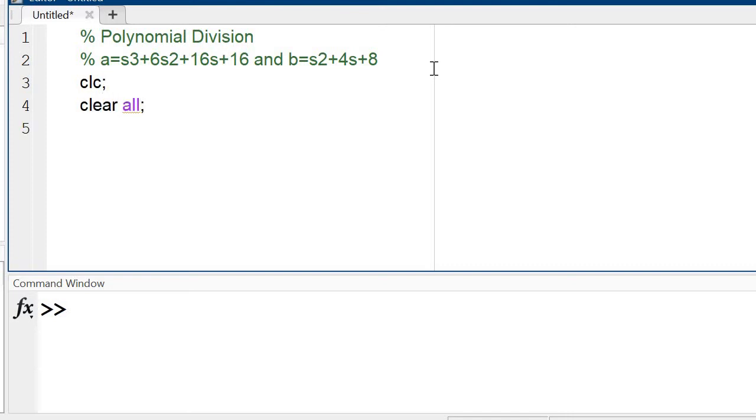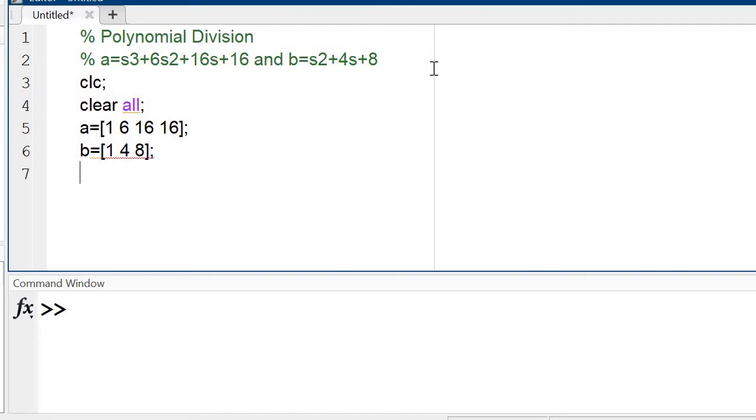Now start with the first polynomial function. A is equal to bracket, coefficient of this s cube is 1, then after that 6 space 16 space 16 and close this bracket with a semicolon. B is equal to bracket. Now in this s square 1 space 4 space 8, close this bracket.